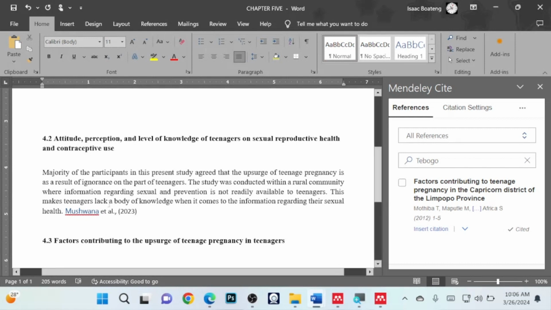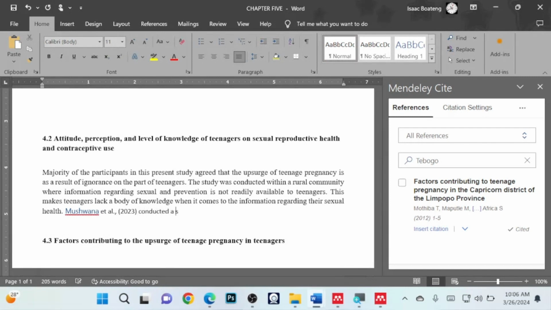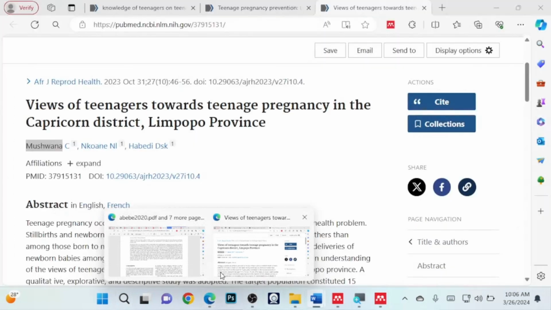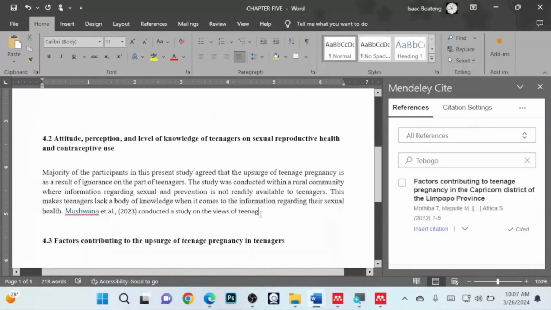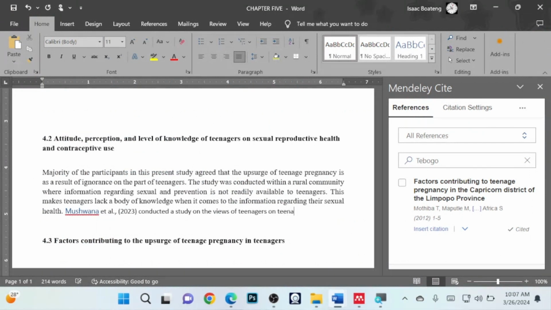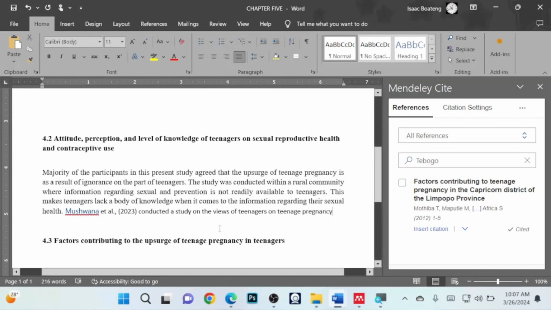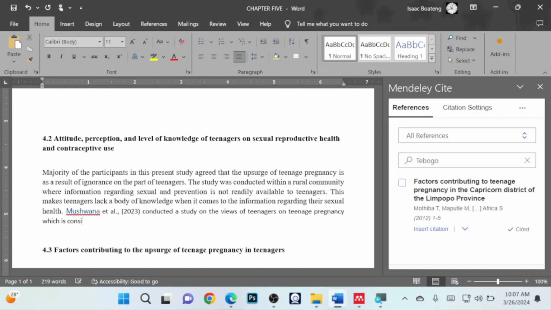So I can say that these authors, Mushwana et al, 2023, conducted a study on the views of teenagers on teenage pregnancy, which is consistent with the findings of this present study.